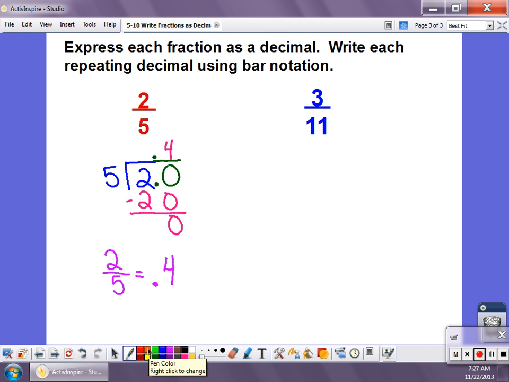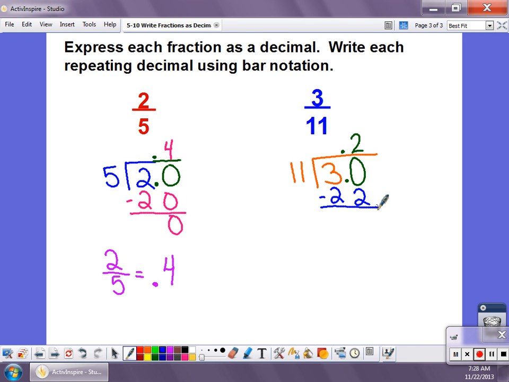Now look at this one over here. We're going to have 3 divided by 11. Well, we know that 3 cannot be divided by 11, so I'll add my decimal point and my 0. And 11 goes into 30 2 times. So now let's multiply. 11 times 2 is 22.